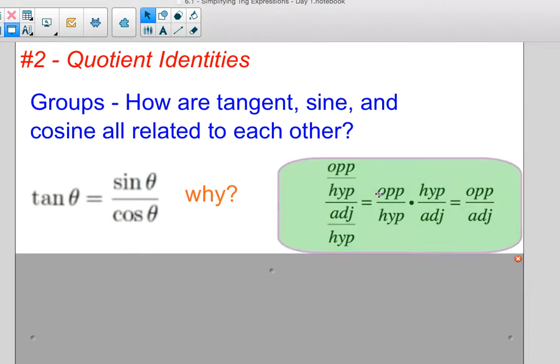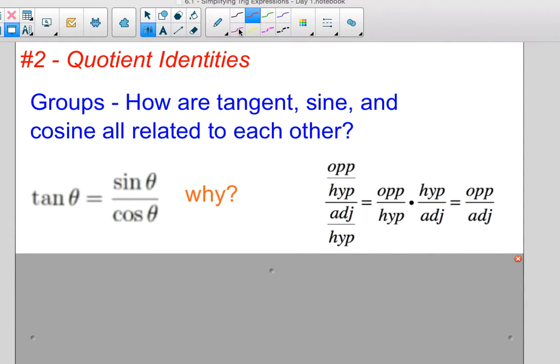Well, if you think about it, you can think about these in terms of y's and r's, right? So sine of theta is opposite over hypotenuse, but it's also the same thing as y over r.